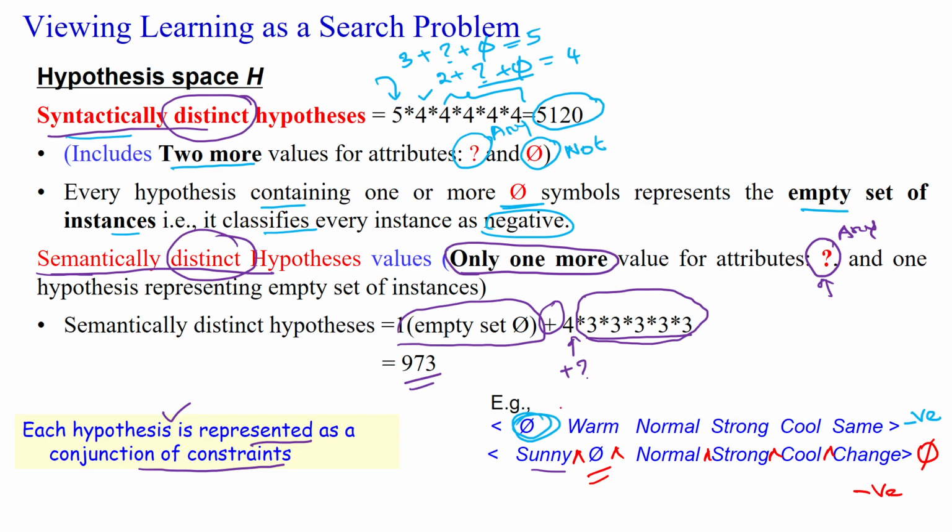So if any hypothesis has a null value, automatically that will become a negative sample. So that is the way to view the given problem as a searching problem, like hypothesis space search.